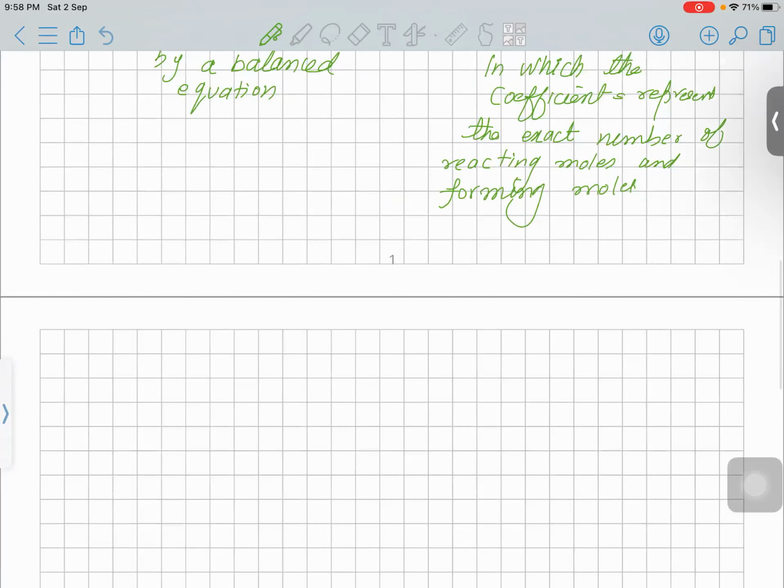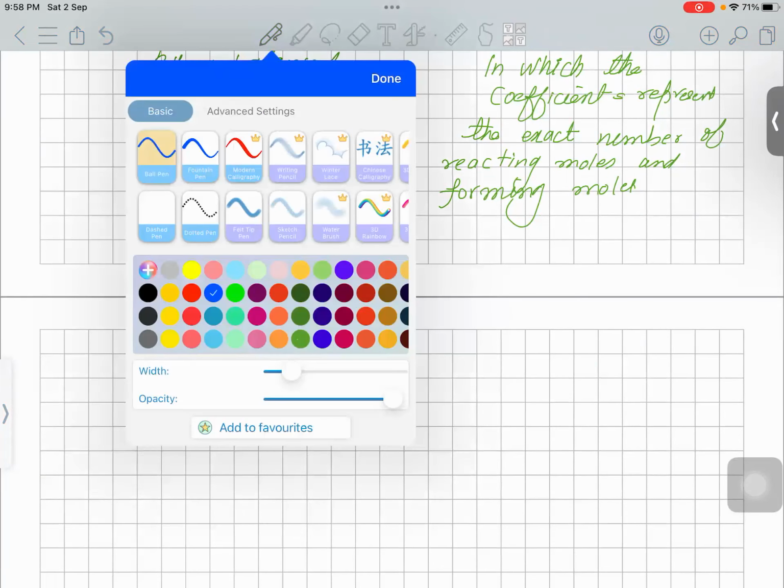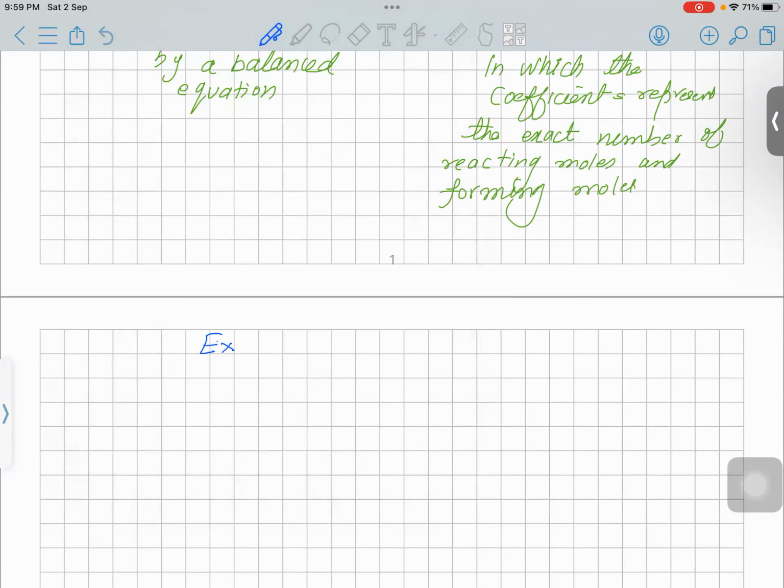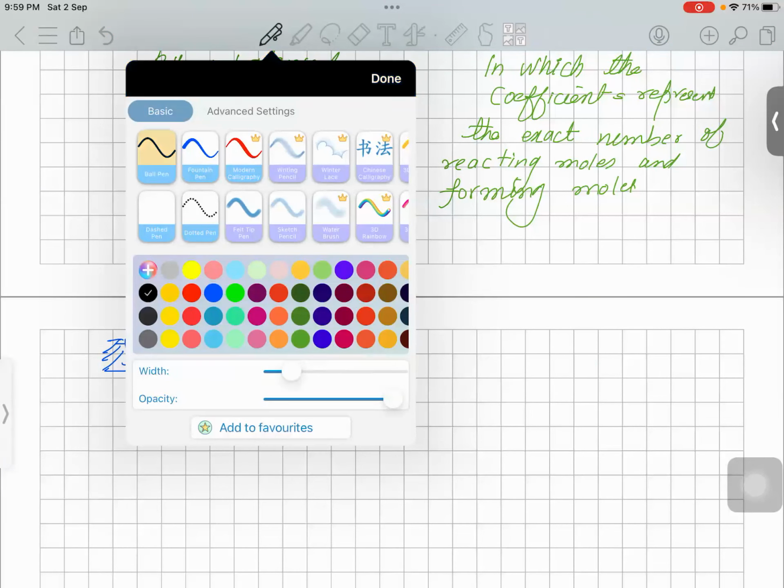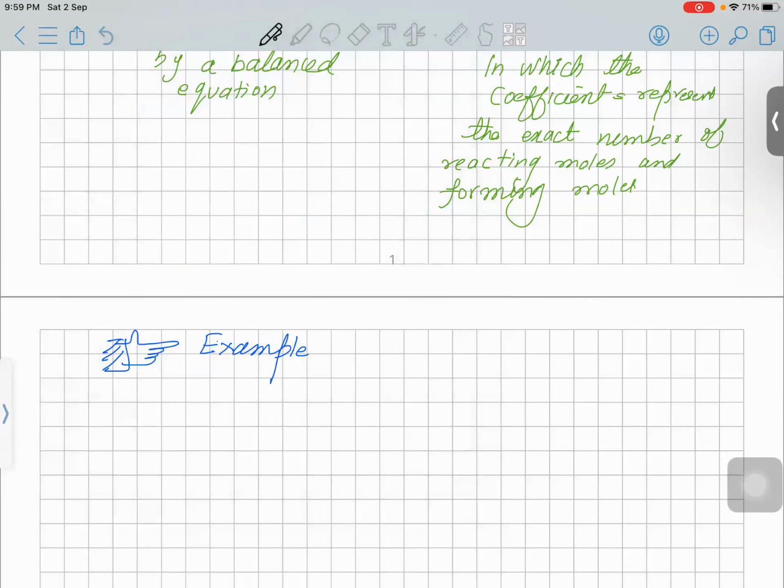Example. Now look at the example. Let's suppose you have 2A react with B and form 3C. Now can you tell me the ratio between A and B?